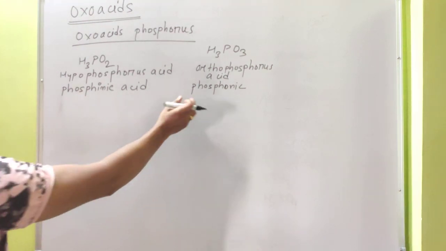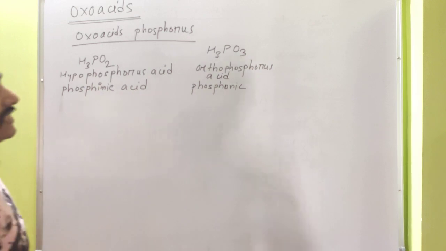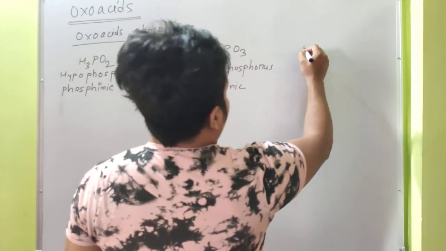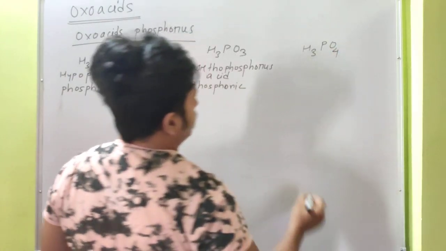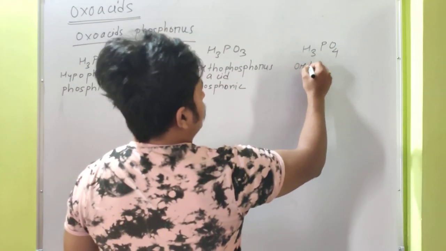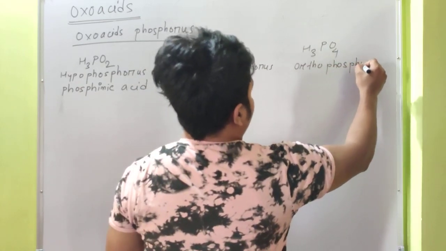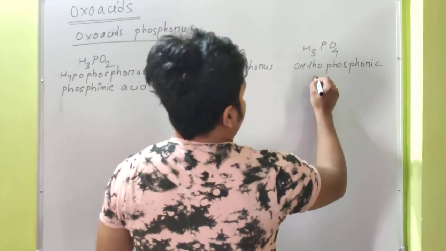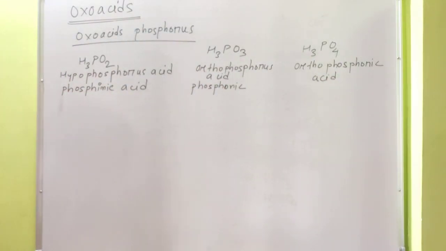Okay, don't be confused with phosphonic and phosphinic. Next, there is another oxoacid, H3PO4. It is orthophosphoric acid. There is no special name for H3PO4.